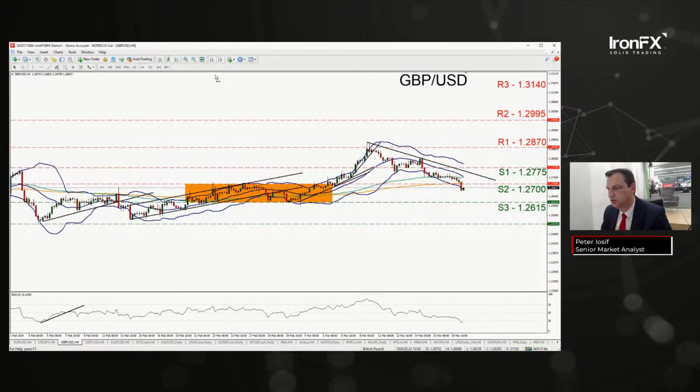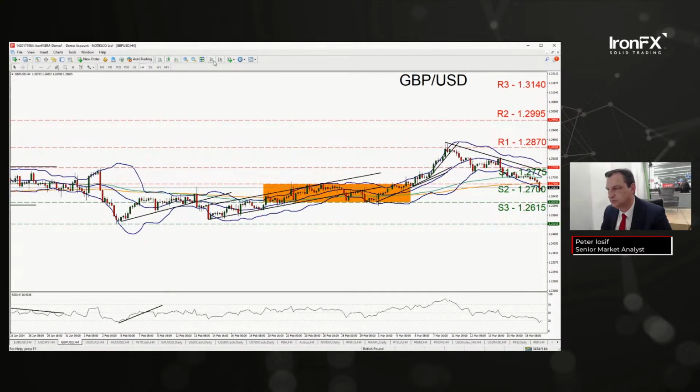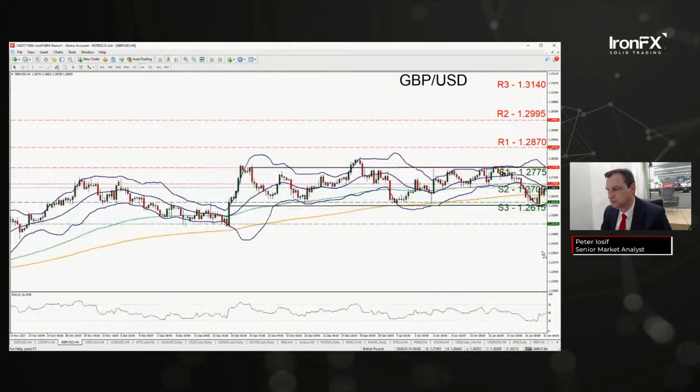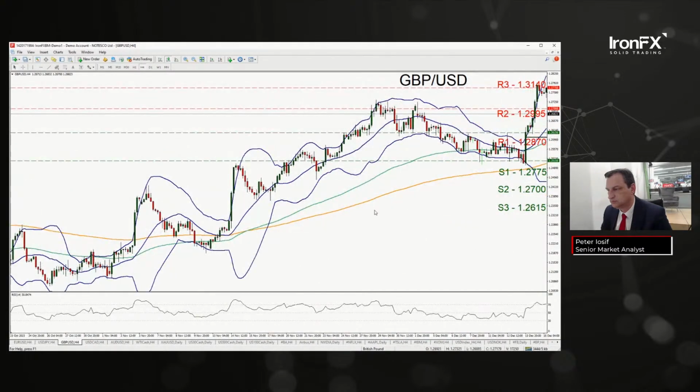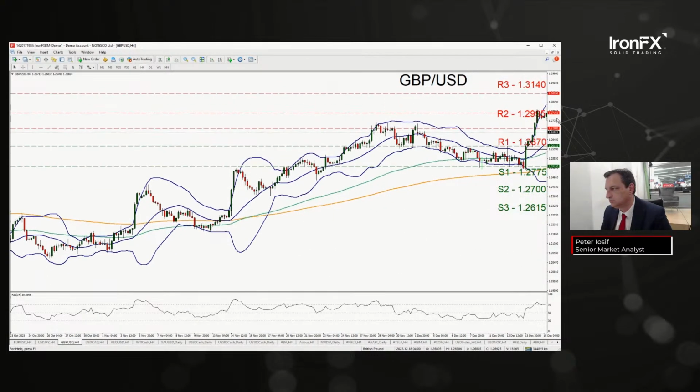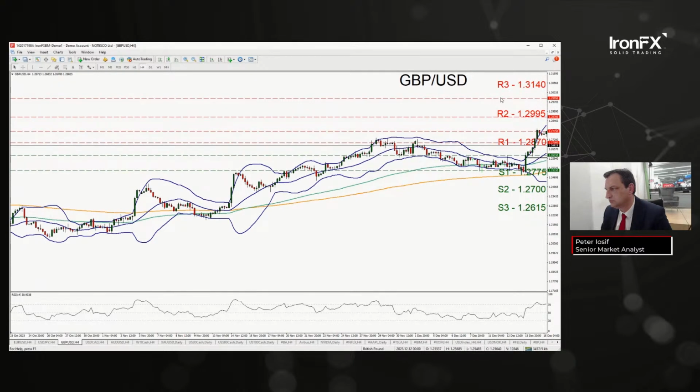Let's unlock the chart and go further back. Note the continuous testing of this level here and to the upside partially here. I'm keeping it as a support line, and that's the 1.2375.